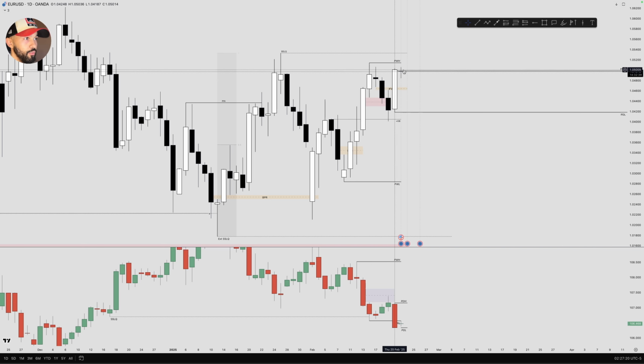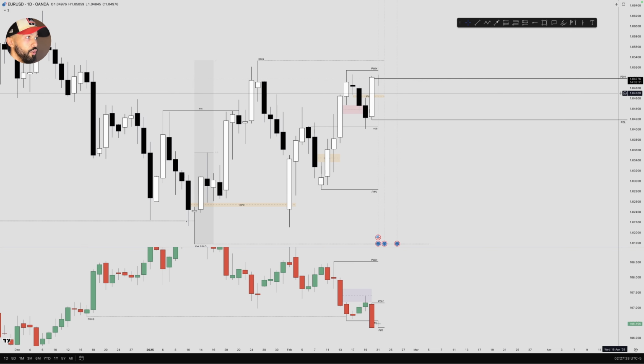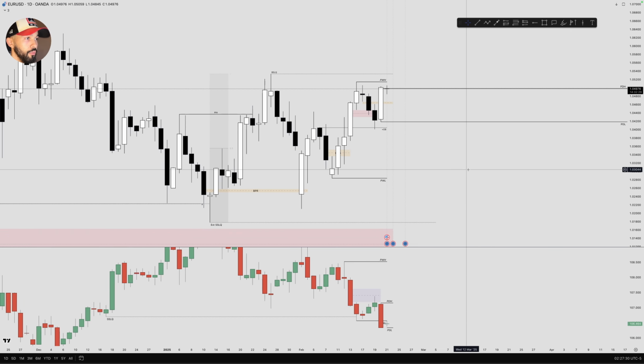So today if we don't take out this high and this high, perhaps we'll just pull back down to this point here. I do see both, but I am bullish. I'm definitely looking for bullish opportunities, but I think the best bullish opportunities will come from here possibly, but we'll see what the 4 hour, 1 hour structures show for us.